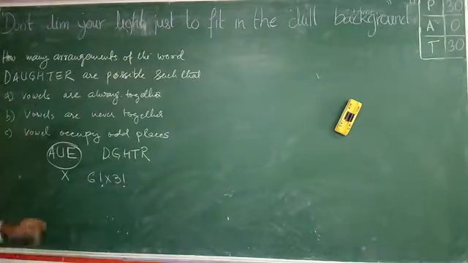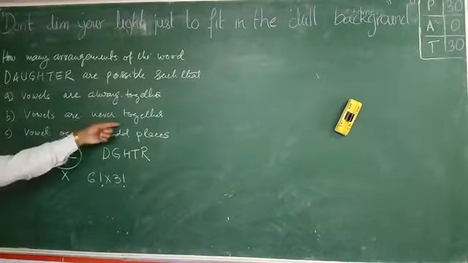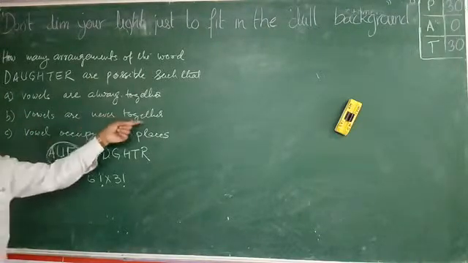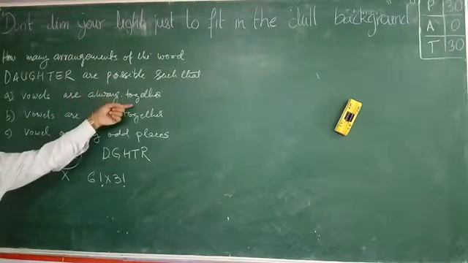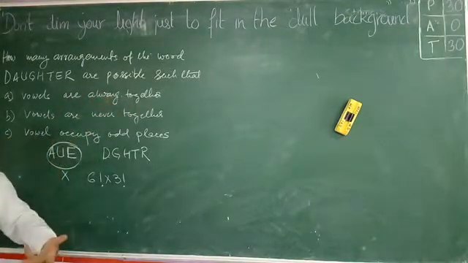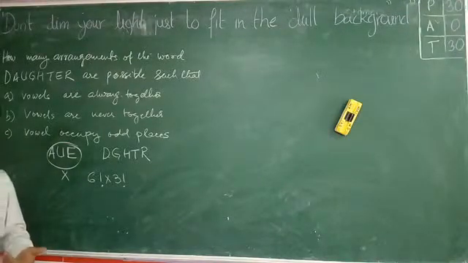Another part of this question is that the vowels are never together. If you have such a question, because you have already calculated the vowels together and now you want just the opposite of that, we will always go through subtraction.